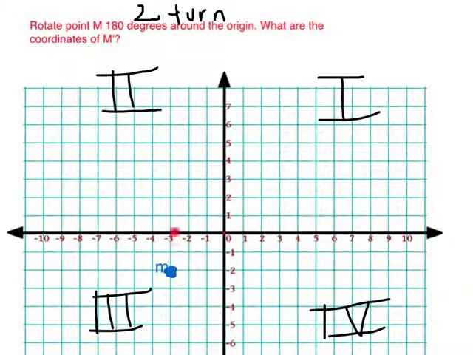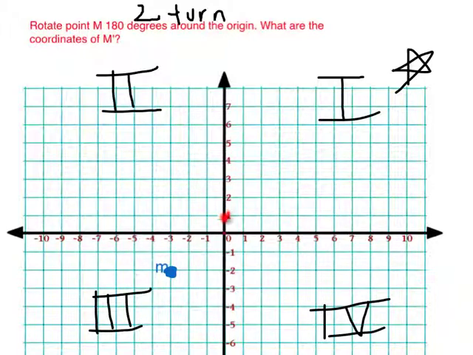I'm starting in quadrant 3 because that's where M is, and I know I need to do 2 turns. So if I'm in quadrant 3 and I want to count 2 quadrants away, I could count 1, 2, and that would land me in quadrant 1, or I could go the other way, 1, 2, and that would land me in quadrant 1. Either way, I know that quadrant 1 is where my final point is going to end up.